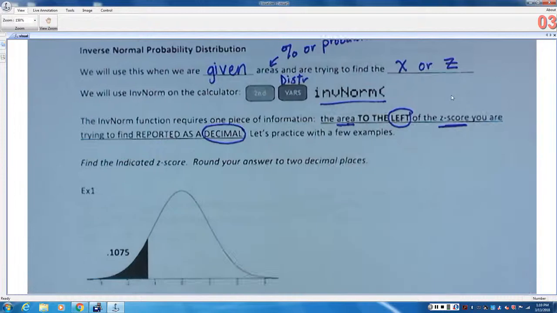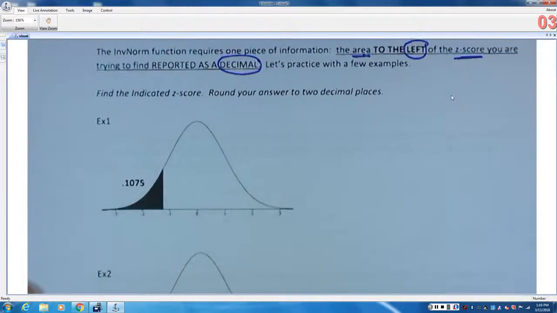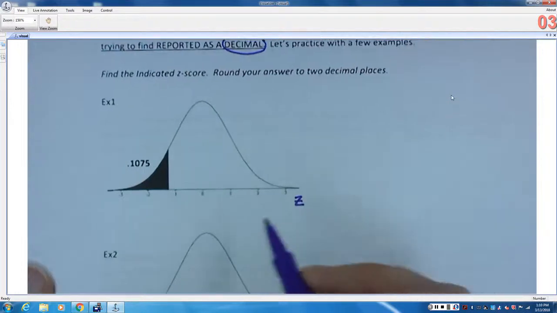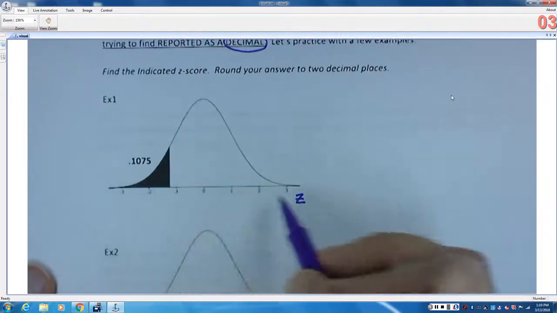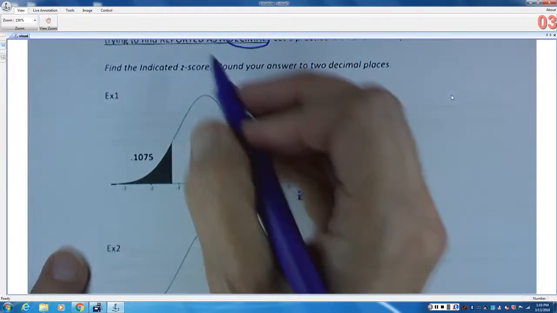Here's some examples. Find the indicated z-score. So we know this is z on the horizontal axis because it's going from -3 to 3. And it does say z-score.